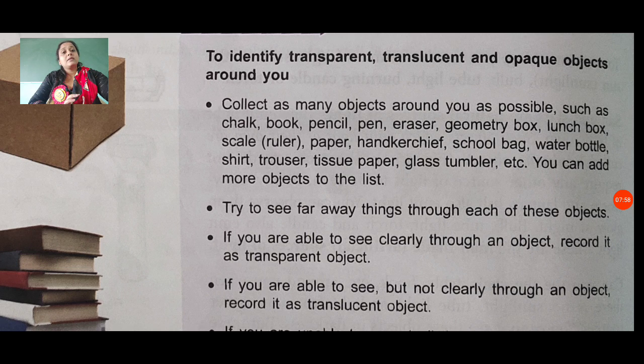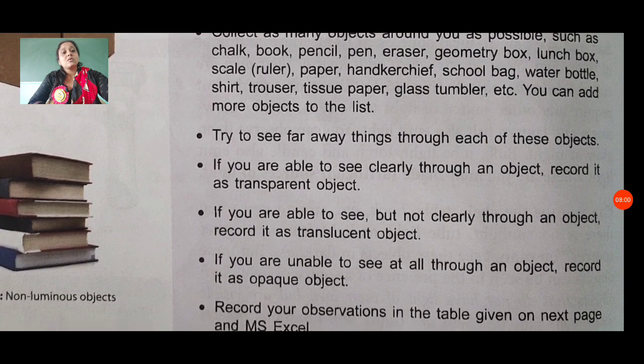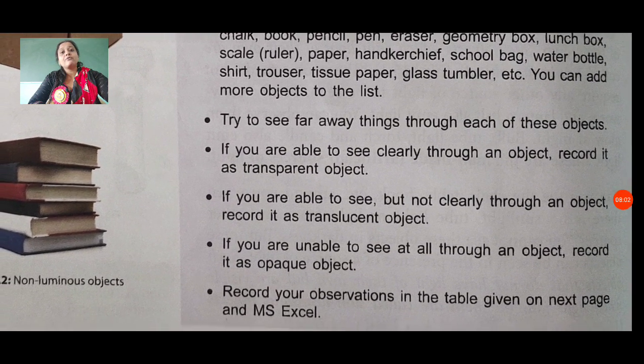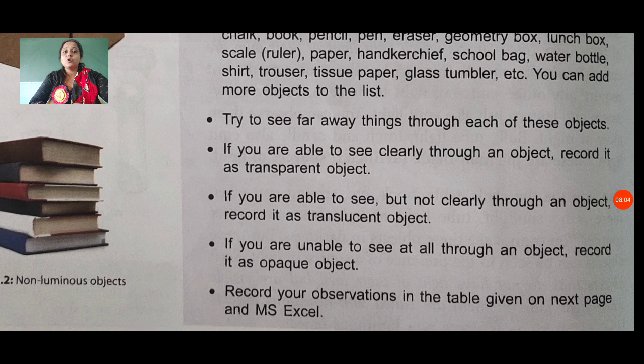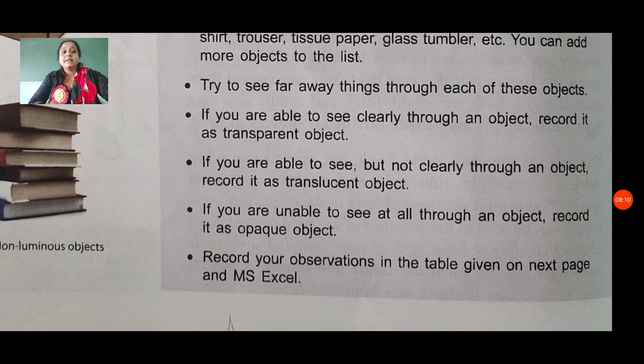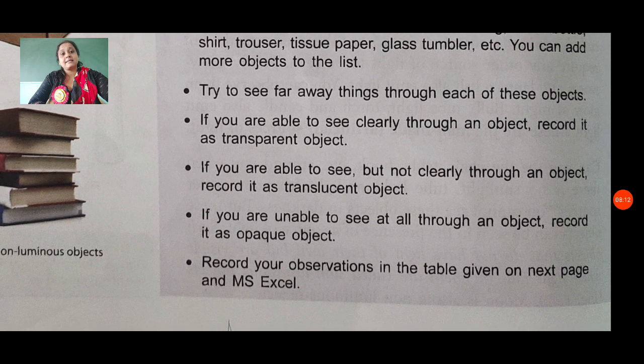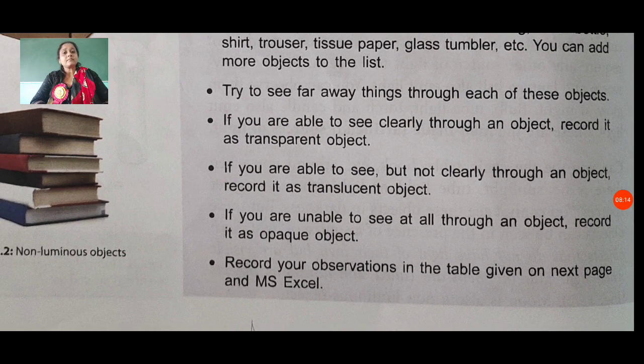So this activity helps us identify which category the objects belong to. Record your observations in the table given on the next page. First do this activity, then write your observations in the table on our next page.